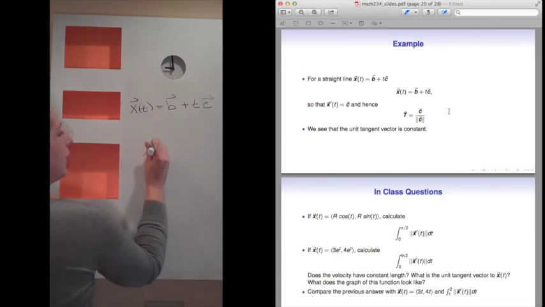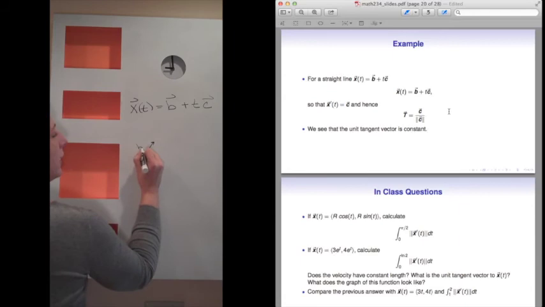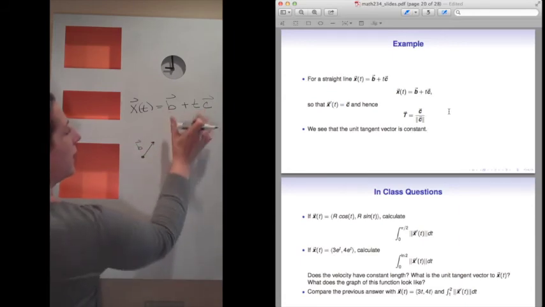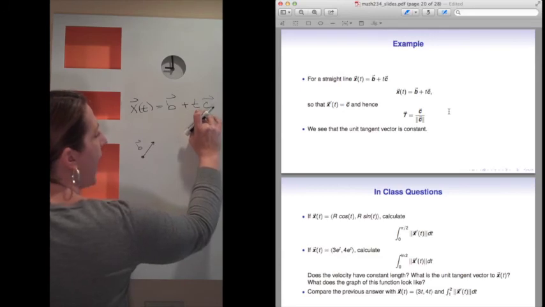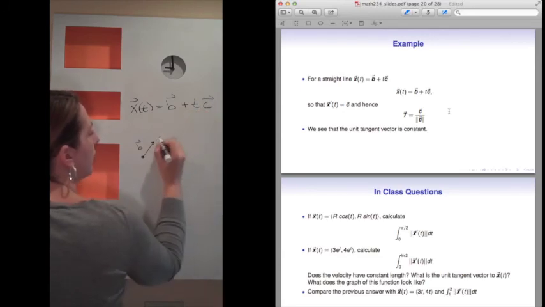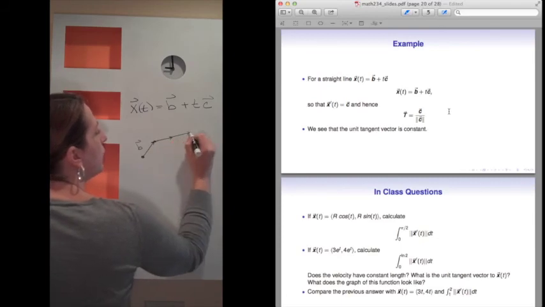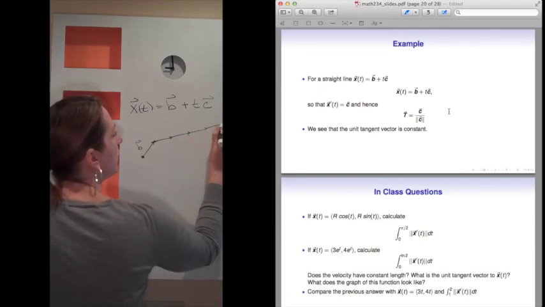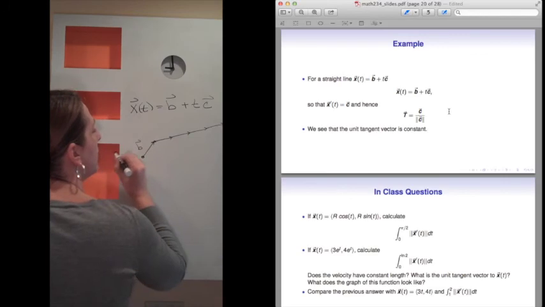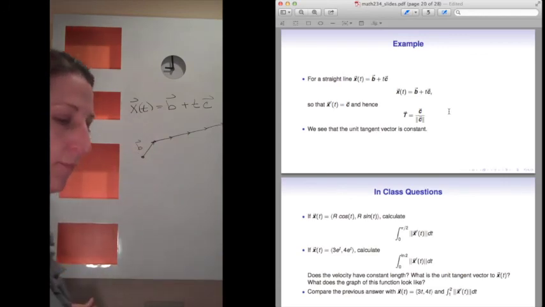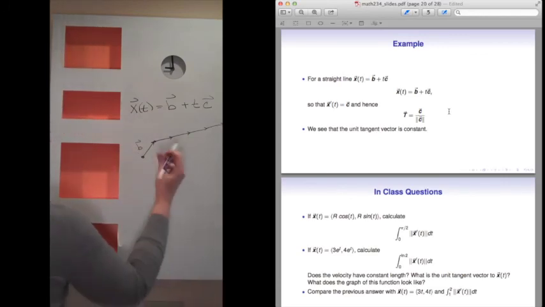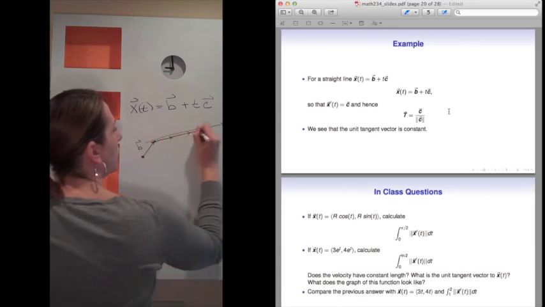So you have some initial vector b going from your origin, and then to that you start adding c. If c goes in this direction, I'm going to keep moving in the direction of c, and my position curve will go along this purple line here.